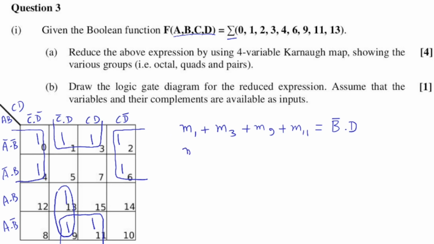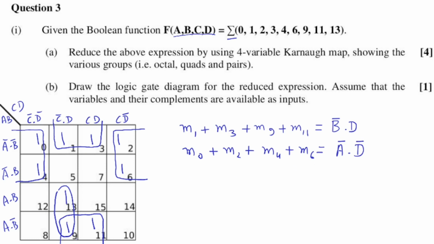So we'll say m0 plus m2 plus m4 plus m6. Now, on the side, B is changing state, A complement is same. So we'll take A complement. On the top row, C is changing state, D complement is same. So we'll take D complement.